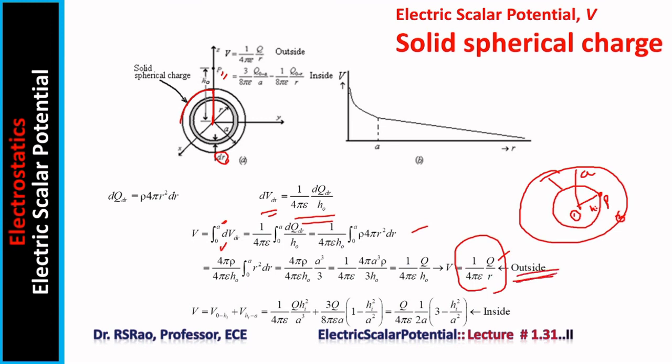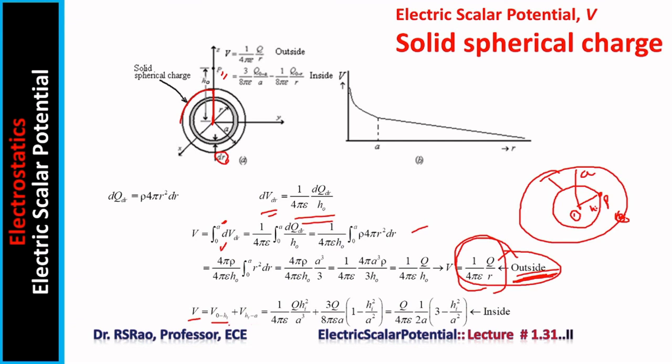See, this is when the field point is outside. What is the potential? It is available in the previous step. Now, what is the potential due to charge distribution 2? That one we have to evaluate. So V is the potential due to the charge existing between 0 radius and hi, plus the potential due to the charge existing between hi and a.